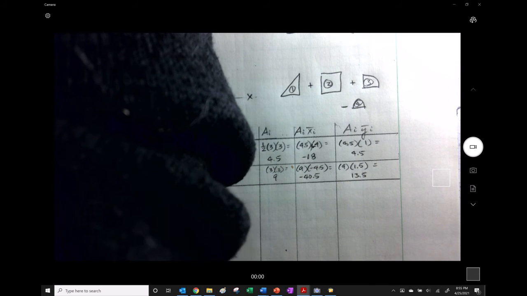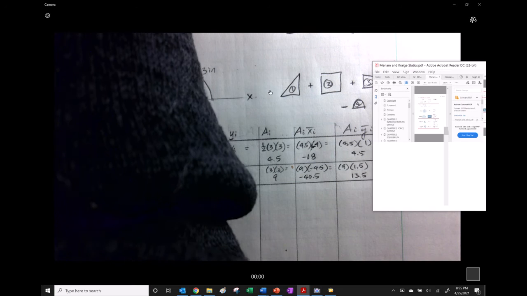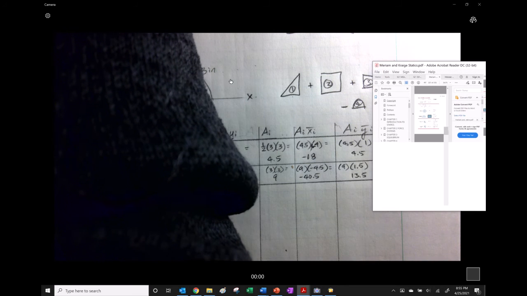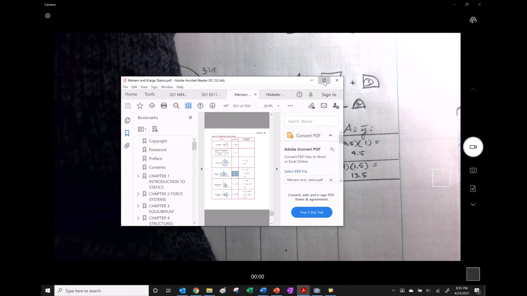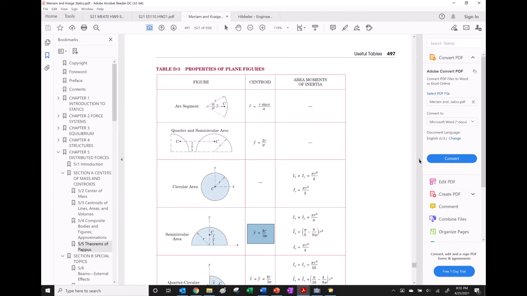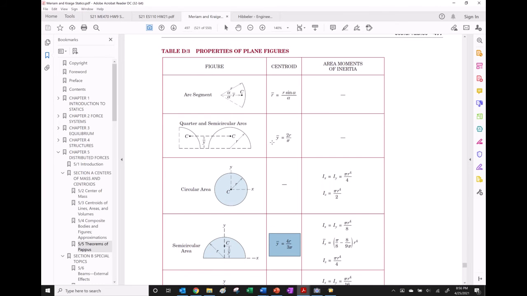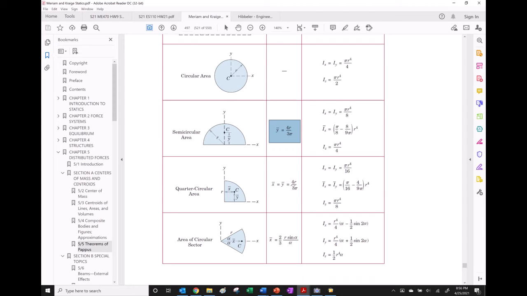There you go. Looks like 4r over 3 pi. Look, it's the same thing as this one up here. Surprise, surprise. I guess that makes sense.